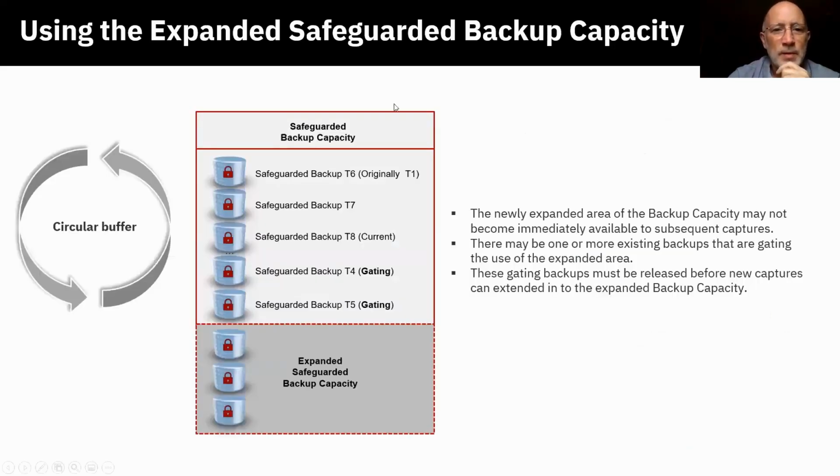So think of the backup capacity as essentially a circular buffer of space within the DS8K extent pool. If you think of the first backup up here, this would originally have been T1, so data point 1, and this would then have been T2, T3, T4, and T5.